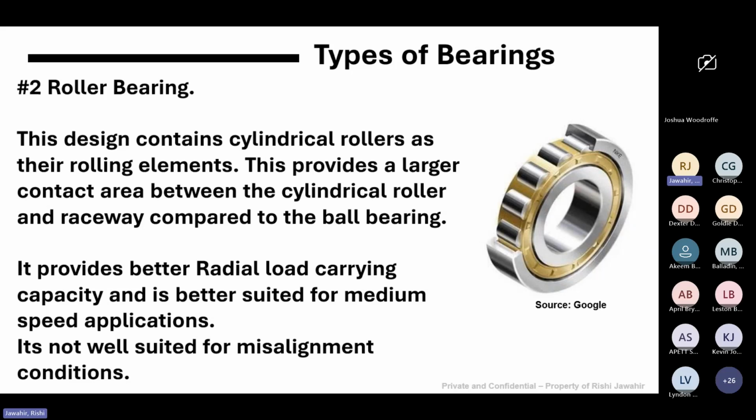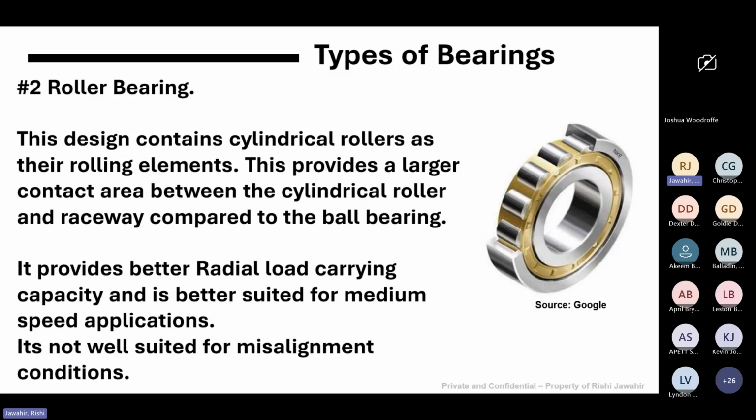Roller bearings, unlike the previous system of the ball bearing, have rolling elements that are like a cylinder. So if I picture, I may have a cylinder. Most of us know what a cylindrical shape would be. So these are commonly called cylindrical roller element bearings, or some people will say cylindrical bearings. And these provide a wider or longer contact area between the rolling part and also the stationary part.